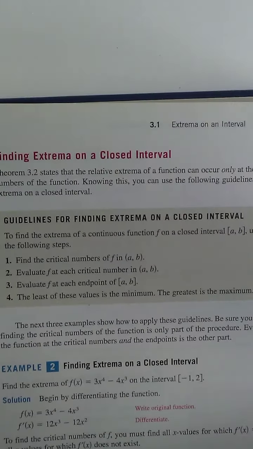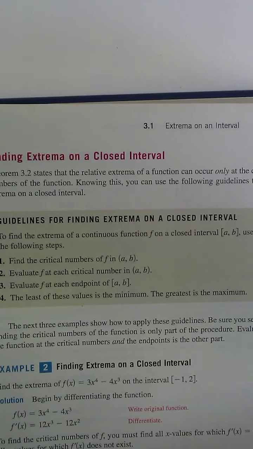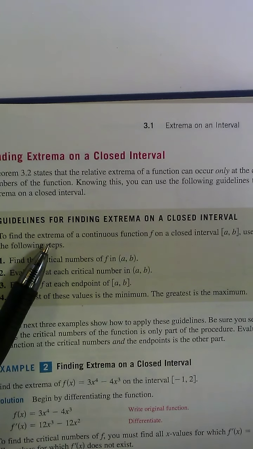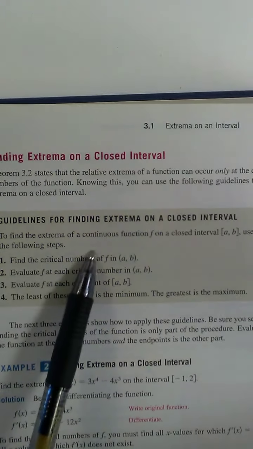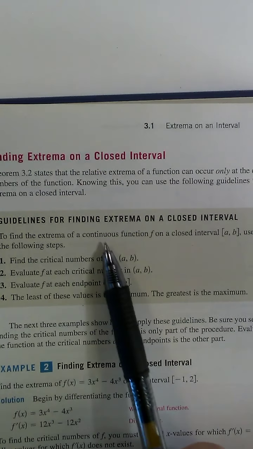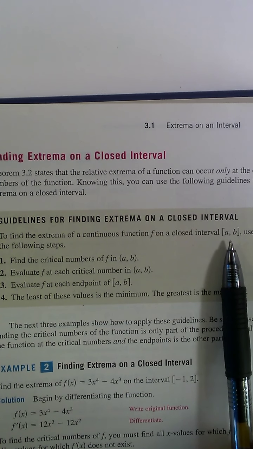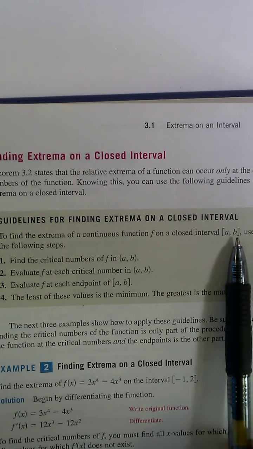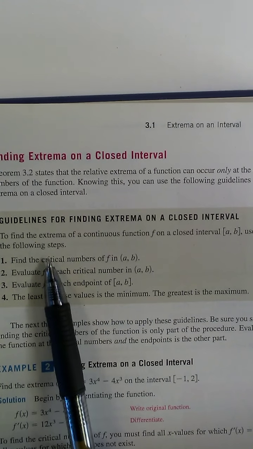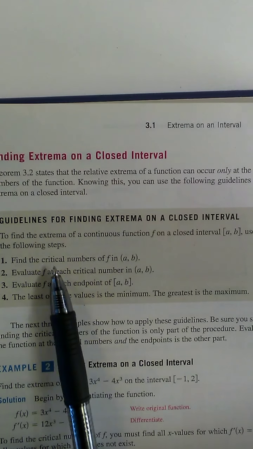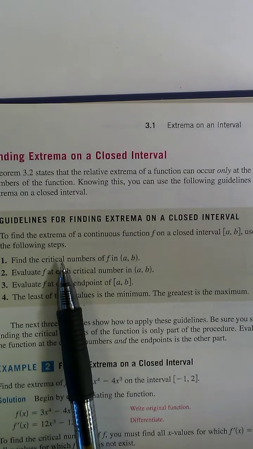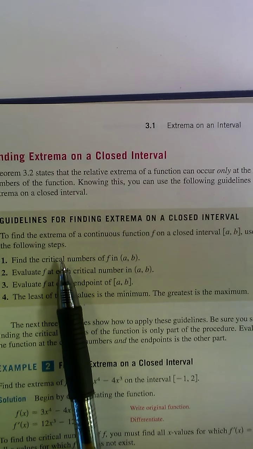All right, so extrema, plural for extreme, relative max-mins. The function is continuous, so it's connected, and you have a closed interval, so you have endpoints. If, like a parabola, it goes on and the domain is all real numbers, that's fine too. Okay? Use the following steps. Find the critical values. So to find the critical values, we need to take the derivative, set it equal to 0, and then find also where it's undefined.